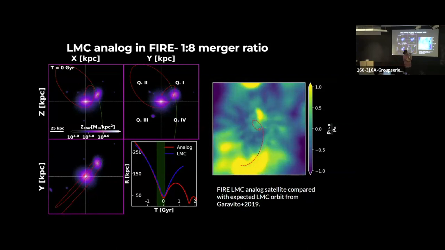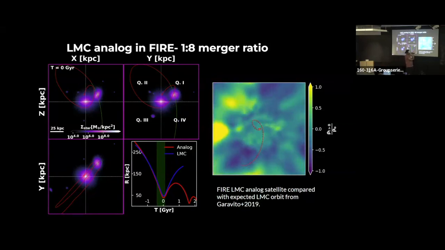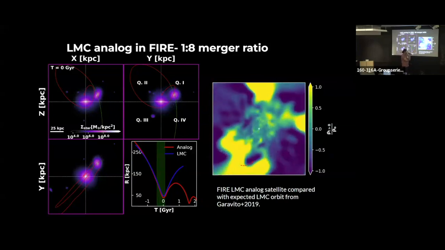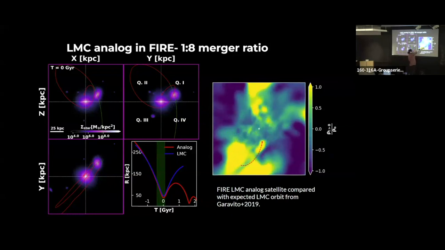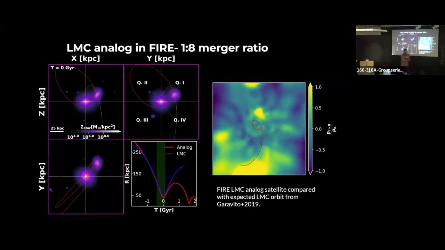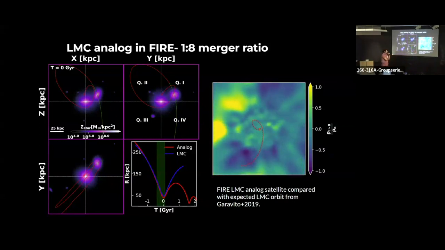The second thing that I want you to see here is that this plots the density perturbations caused by the infalling satellite. You can see that as the LMC falls in, there's this dark matter frictional wake and this global response term that happens. So we do see similar density perturbations to what we expect in the real Milky Way.